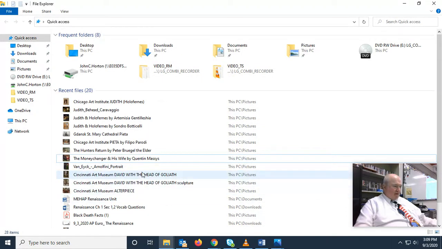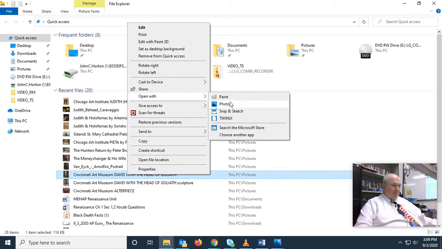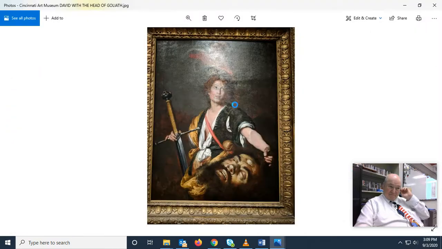All right. So back, David. Yeah, here we go. It's in the big words there, Mr. Horton. David and the head of Goliath. This I saw at the Cincinnati Art Museum. I don't even know who did it. Once again, though, it's Baroque. But I mean, David and Goliath, very, very popular theme for artists. There, of course, you see David.